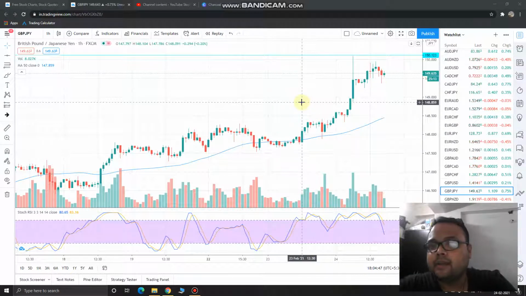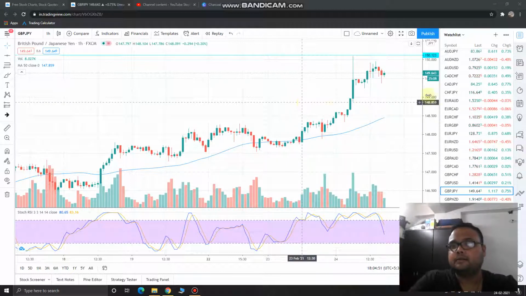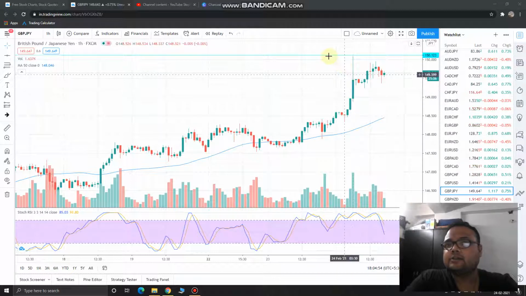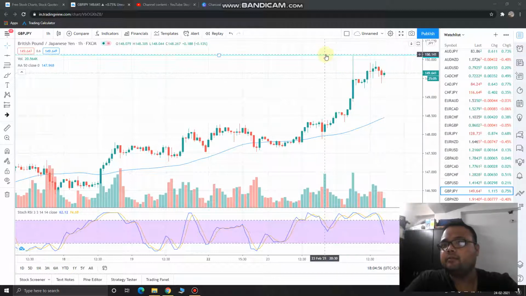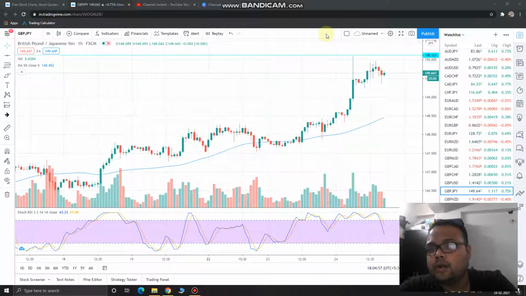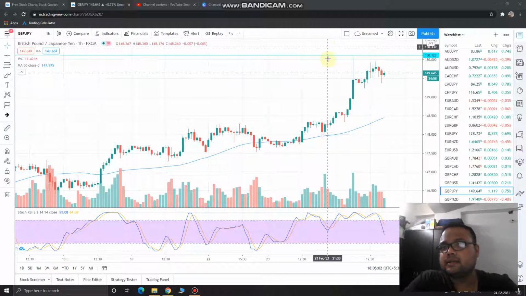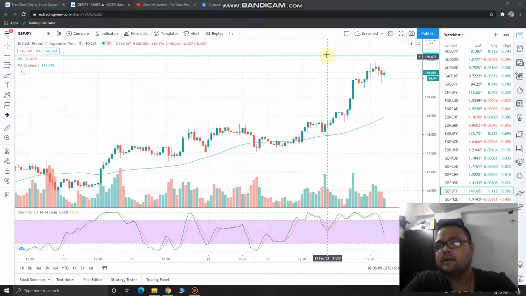We can see that right now market is trading at 149.64, and you can see that I have also marked a level, 150.12 level, with the help of this blue line. So this is the line that we need to look at, or this is the price level that is very important for today. So market is trading at 149.64.